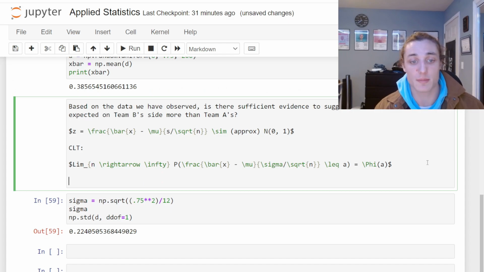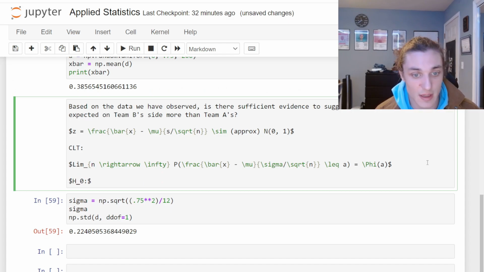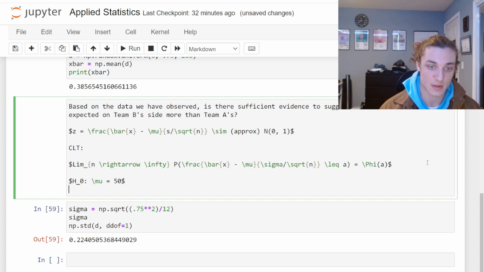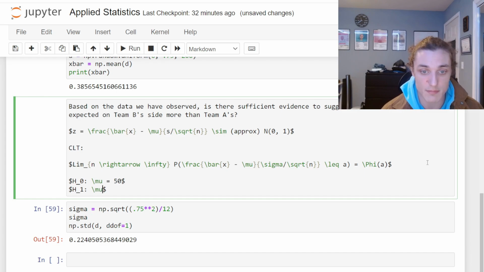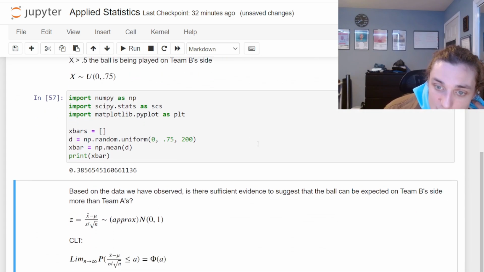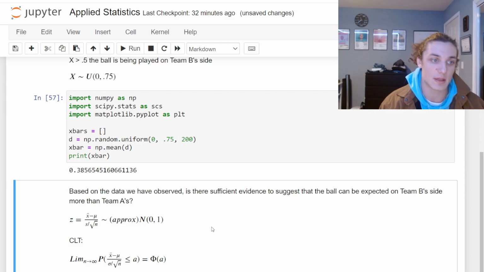I'm going to say H0, our null hypothesis, is that mu is equal to 50. The alternative hypothesis, H1, is that mu is less than 50, I believe. Depending on what the question was, is there sufficient evidence to suggest that the ball can be expected on team B's side more than team A's? Really, it's not going to matter here because this is a symmetric case.